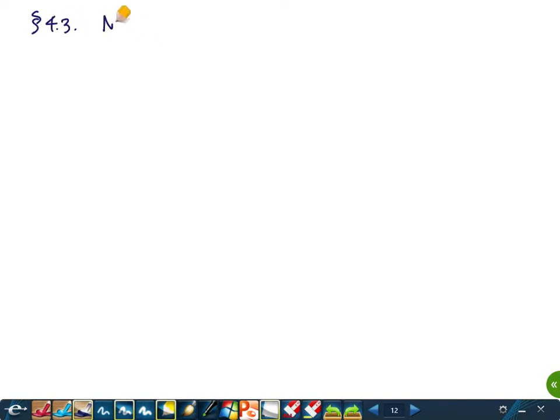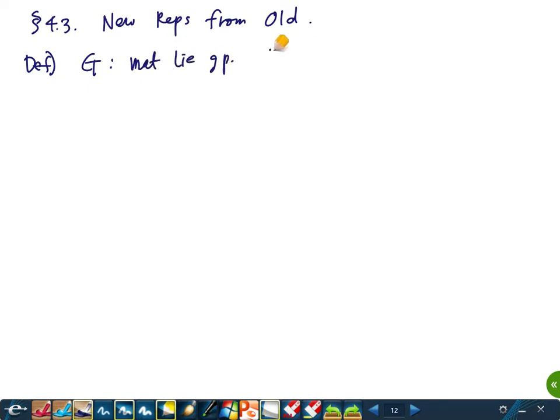4.3, new representations from old. So yeah, it's a natural question: how can we make more complicated representations by using simple ones? Let G be a matrix Lie group, and pi_1, pi_2 representations of G on, say, V_1, V_2 respectively.